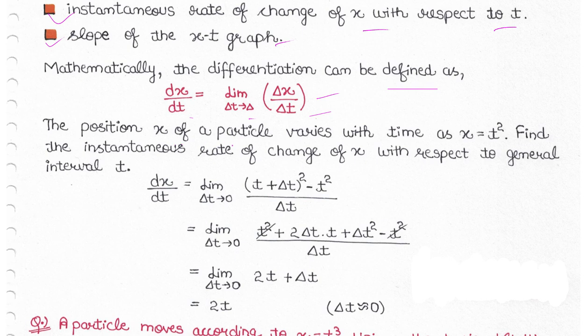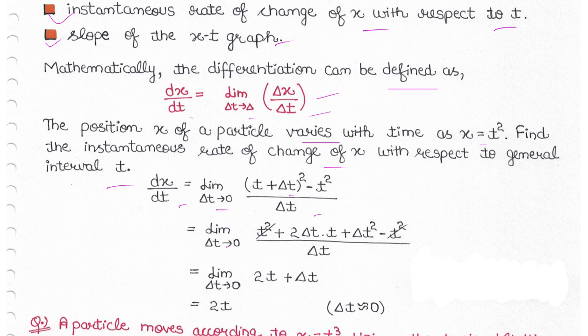For example, the position x of a particle varies with time as x = t². Find the instantaneous rate of change of x with respect to the general time t. So dx by dt is equal to the limit as delta t tends to 0 of (t + delta t)² minus t² by delta t.